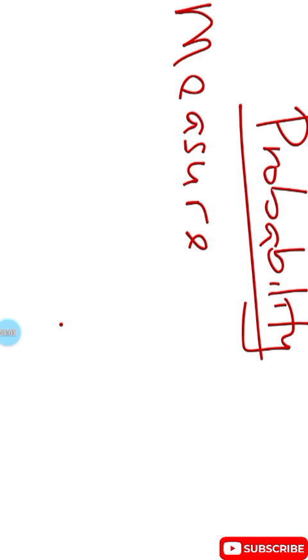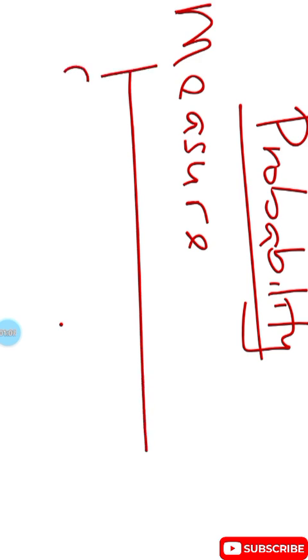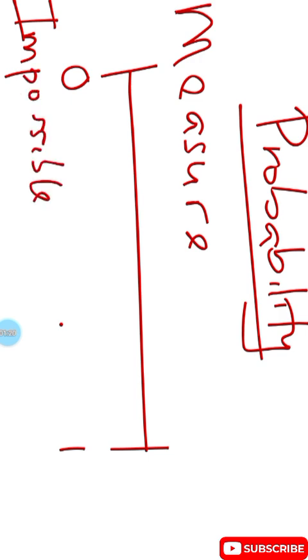So imagine a straight line where we have a 0 at one end and 1 at the other end. When this is 0, let's tag this one impossible or impossibility, and let's tag this one certainty.